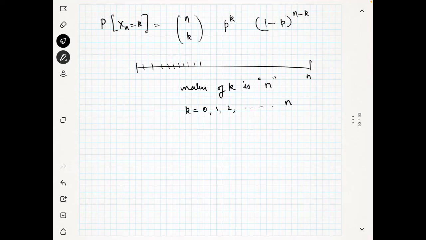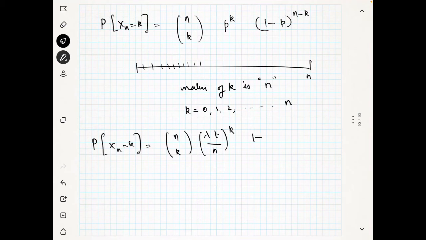So now we will substitute here. The probability that x of n takes the value k is n choose k into lambda t by n, because p is lambda t by n, whole raised to k, into 1 minus lambda t by n, this is our p, whole raised to n minus k.